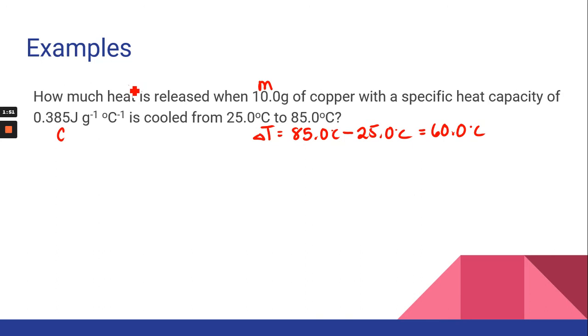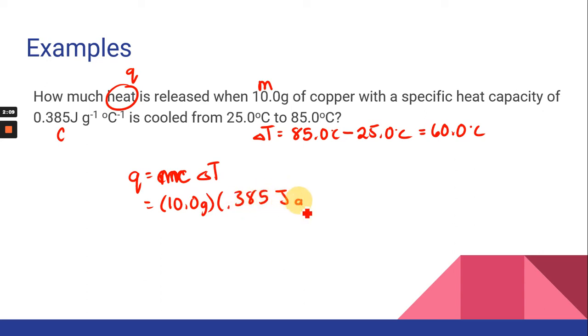And then we're looking for the heat, so we're trying to find out what Q is. Well, Q equals mc delta T, so we're just going to multiply our values together: mass times the specific heat that they tell us, and then times the change in temperature.